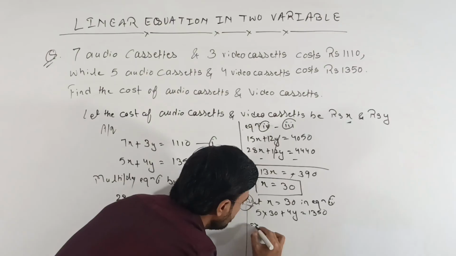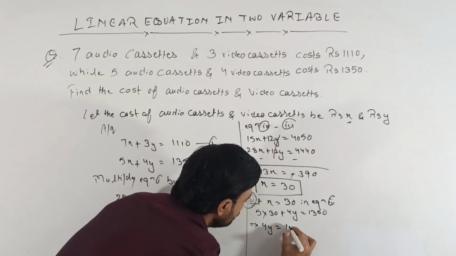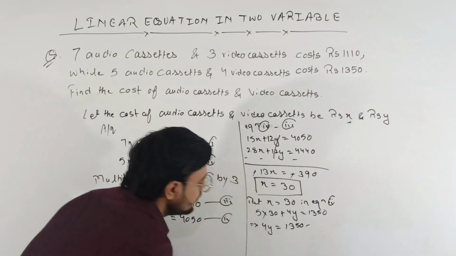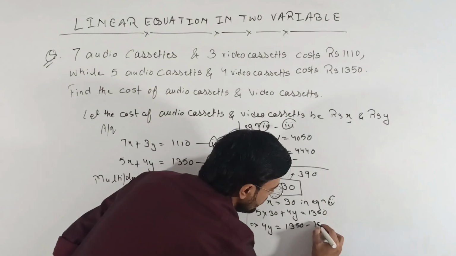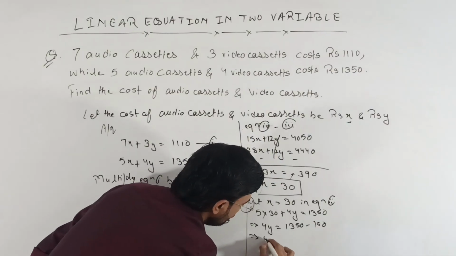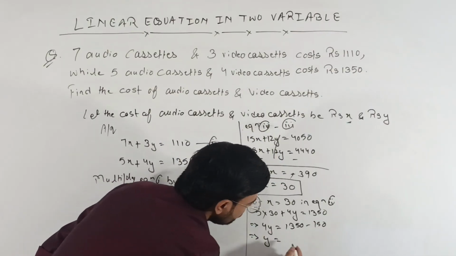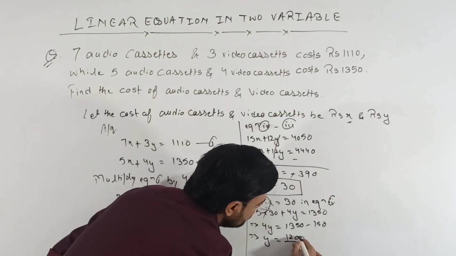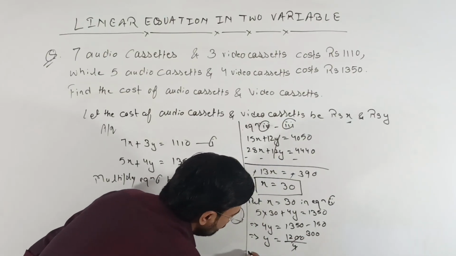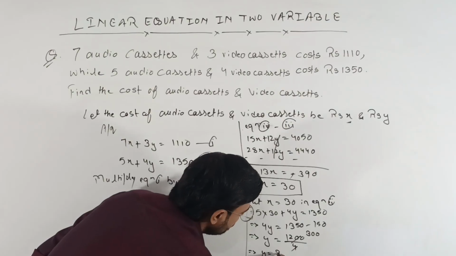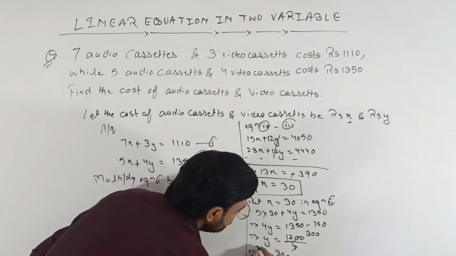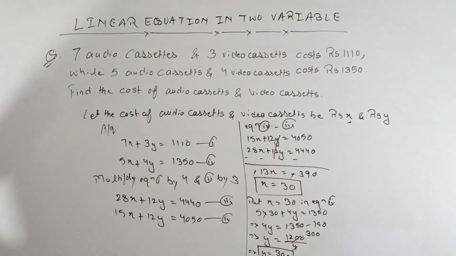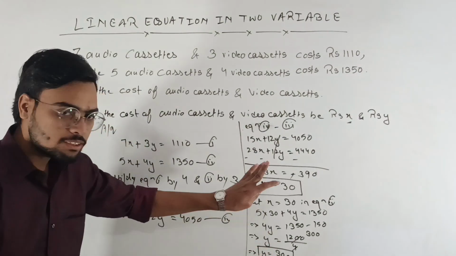Now calculate this. Then from here 4y equals to 1350 minus 150, which is 1200. So from here y equals to 1200 upon 4, which is 300. Understood? y is 300, x is 30.